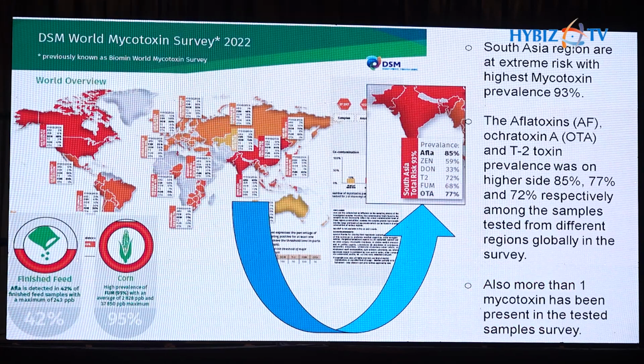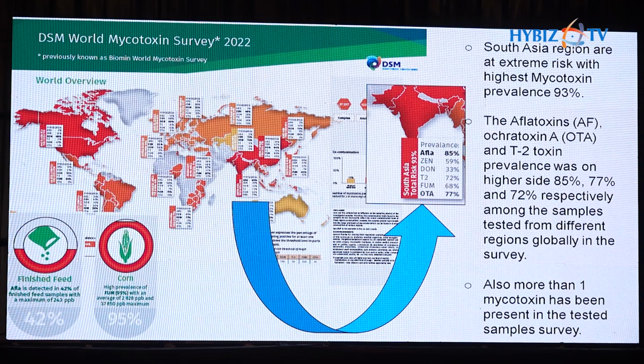Again, the DSM World Mycotoxin Survey in 2022 has shown that the South Asia region is at extreme risk with the highest mycotoxin prevalence, that is 93%, and the aflatoxin, ochratoxin, and T2 toxin prevalence was on the higher side. Also, more than one mycotoxin was present in the tested samples.